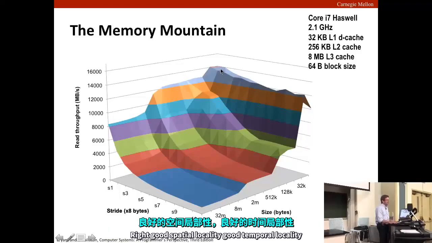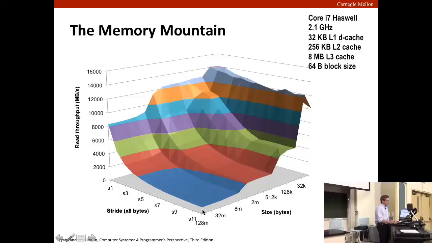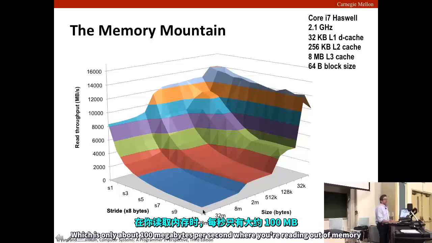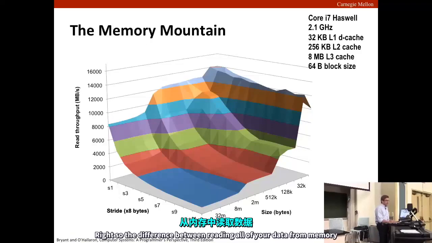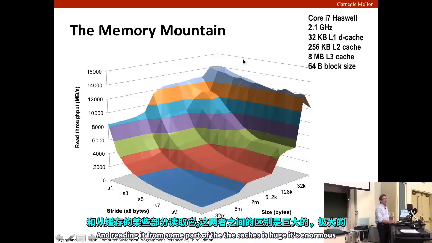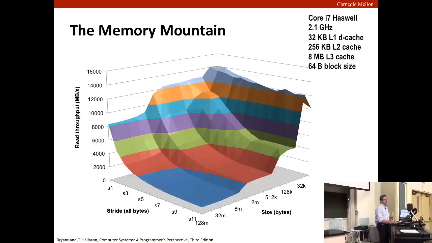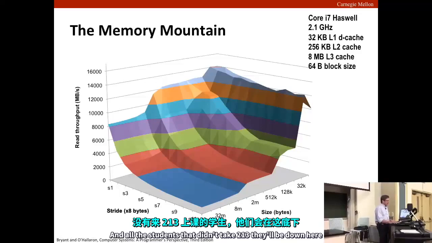Good spatial locality, good temporal locality, because you can get like 14 gigabytes per second measured read throughput. You don't want to be down here, which is only about 100 megabytes per second, where you're reading out of memory. So the difference between reading all of your data from memory and reading it from some part of the caches is huge. It's enormous. Because you're 213 students, you'll be up here, and all the students that didn't take 213, they'll be down here.